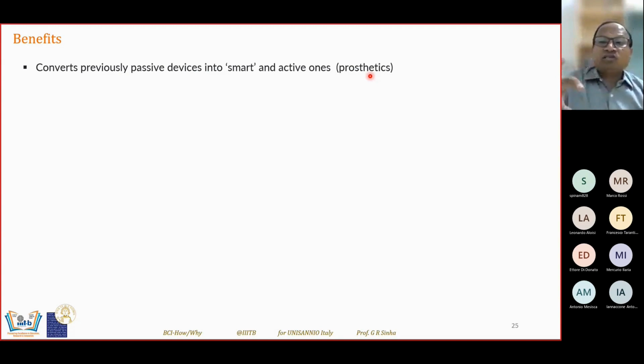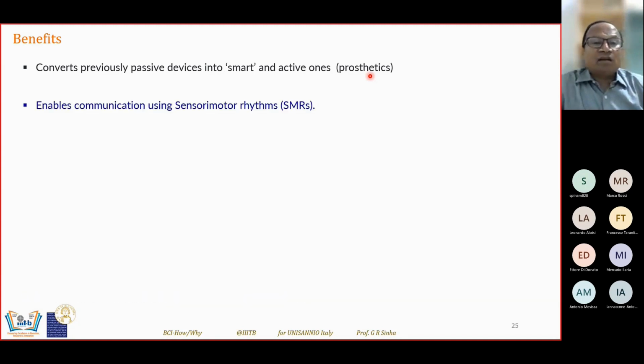You can help people who are paralyzed, and with a little AI/ML, they can control them with their hand and lead a better life, not a quality life, but definitely a better life.